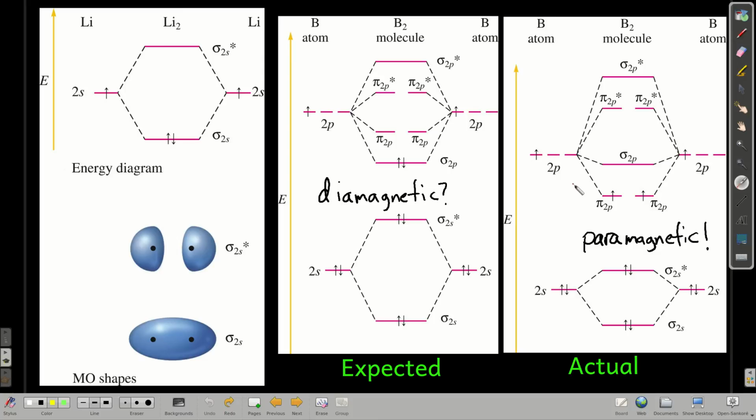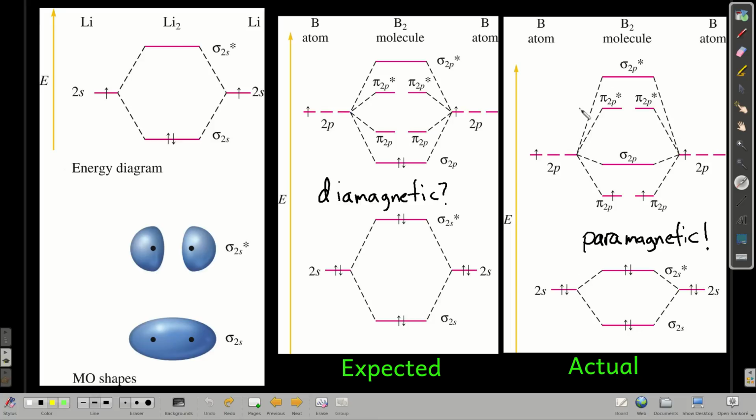And what's happening here is that when s and p orbitals are close in energy, they what we call mix. And it flips. The only effect that you guys really care about here is that it flips the order of these two, sigma 2p and pi 2p. Instead of having the sigma 2p on the bottom, pi 2p is on the bottom.